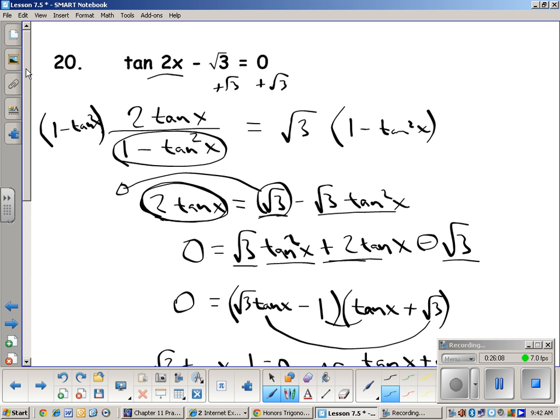Just take your calculator, what's the tangent of negative 120? What is it? Square root of 3 minus the square root of 3 is 0. Oh, I'm sorry.